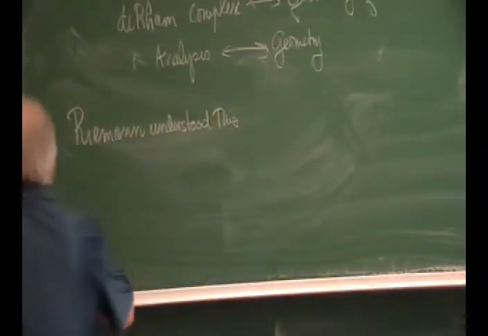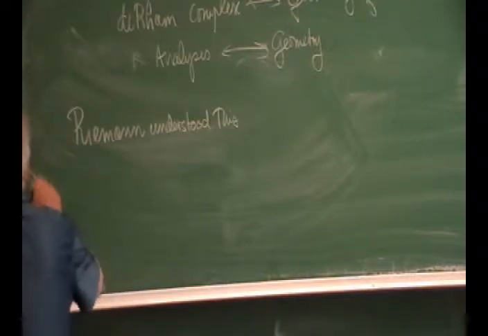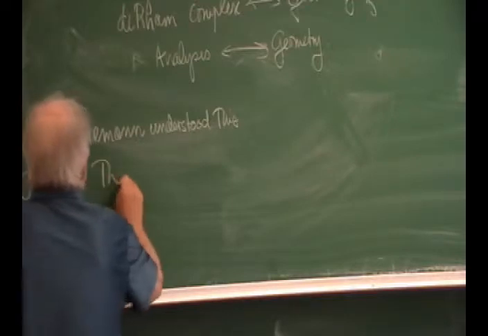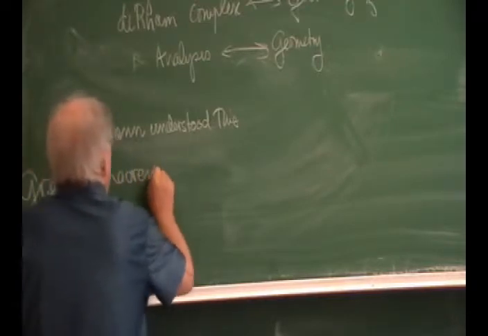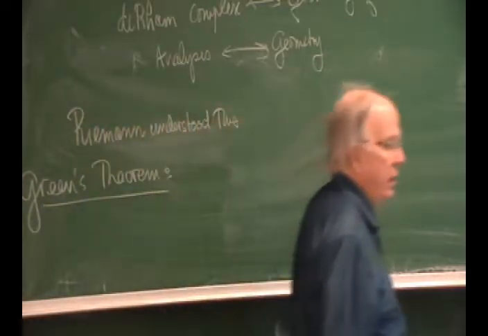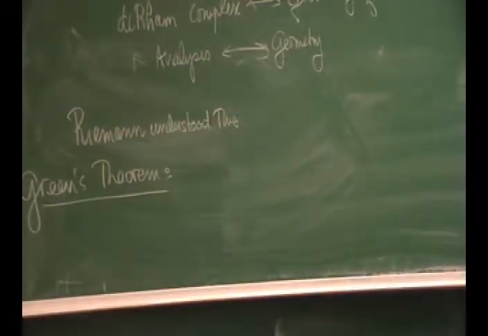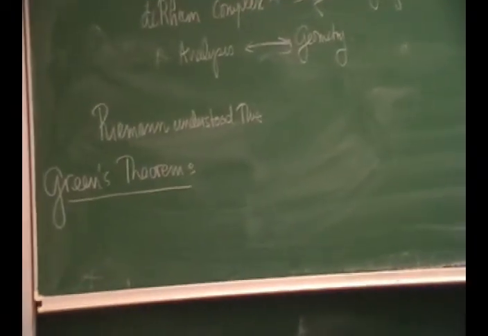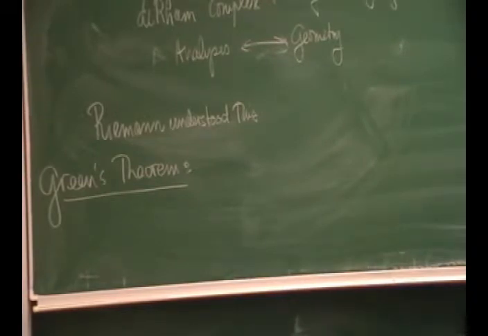So, the main reason in dimension 2 why this is important is Green's theorem. I indicated a lot about this last time. Green certainly did not prove this in a mathematical sense, and I think no one proved this in any sense until Riemann proved it in the mid-19th century.